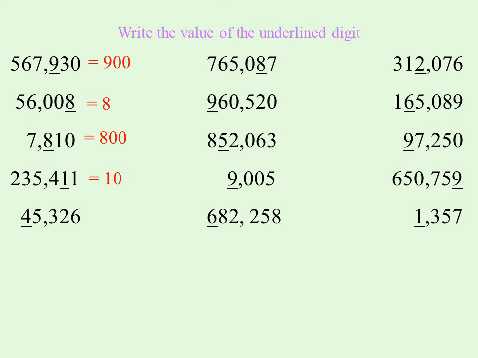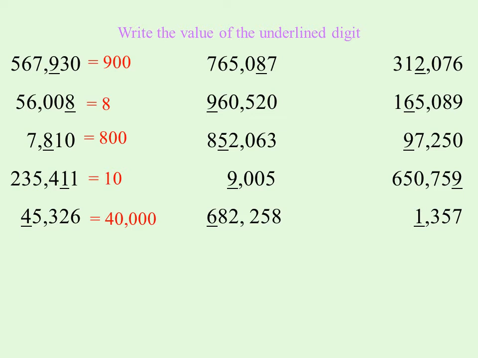45,326. Now 4 is in the thousand family, in the 10,000 place. So the value of 4 is 40,000. 765,087. Now we want to know the value of 8, and 8 is in the tens place.